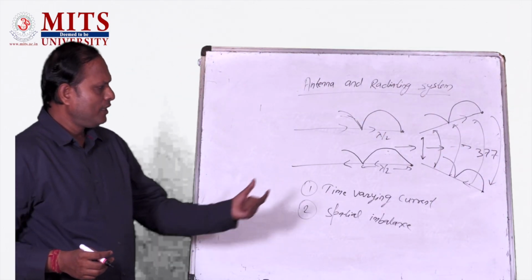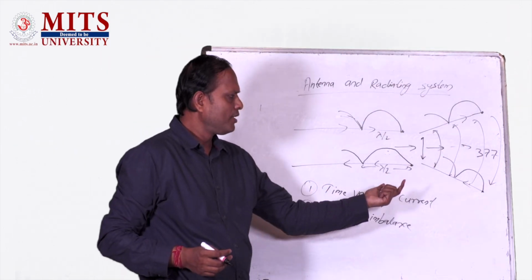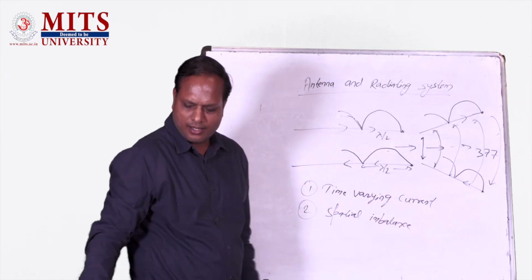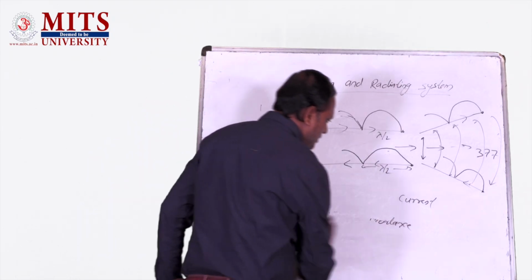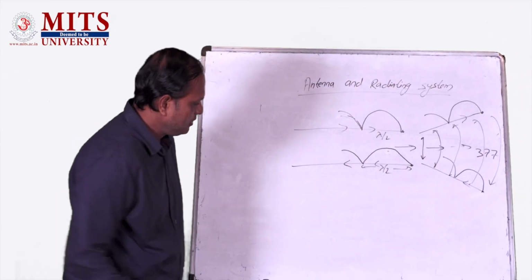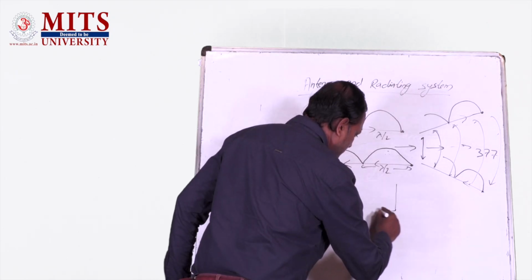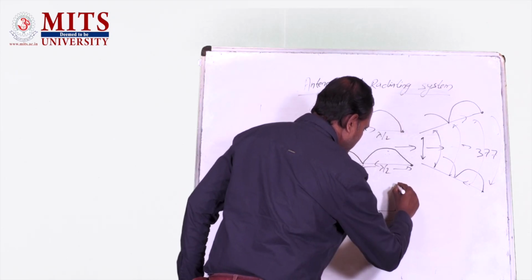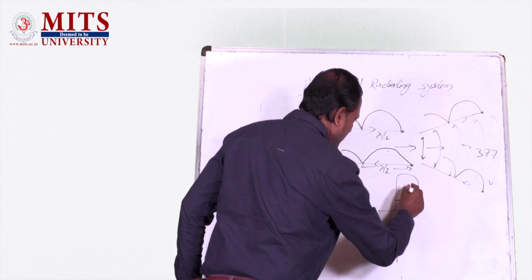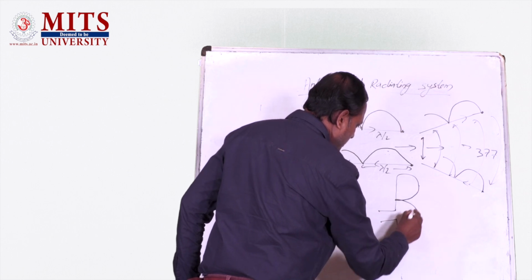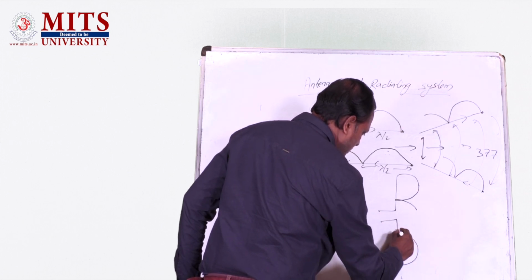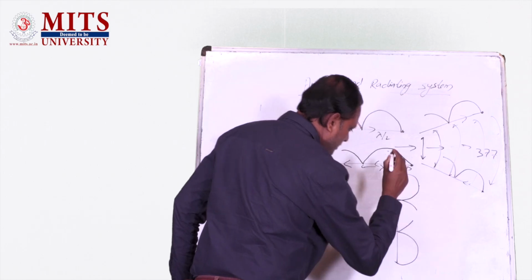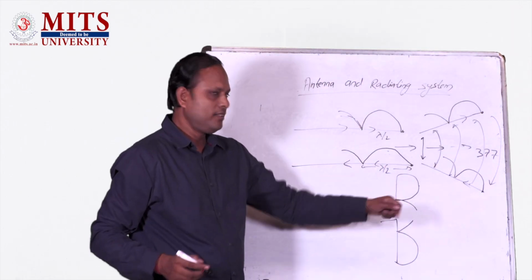However, if we flare this structure completely, in this case the current maximum will be here, and in a similar way maximum will be here, and maximum will be at this point.